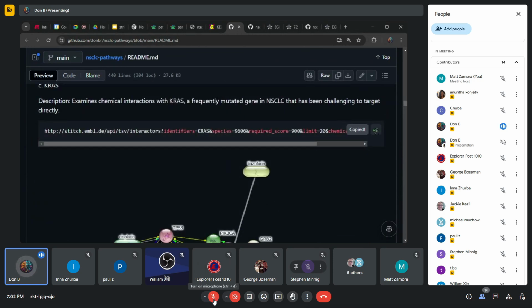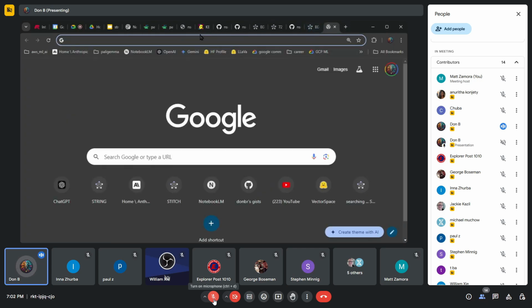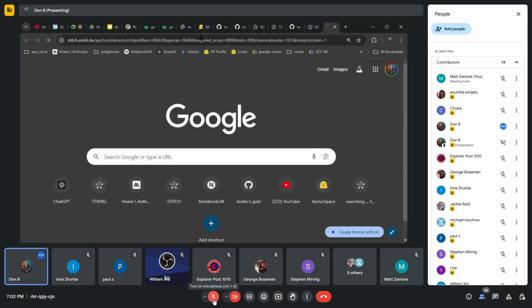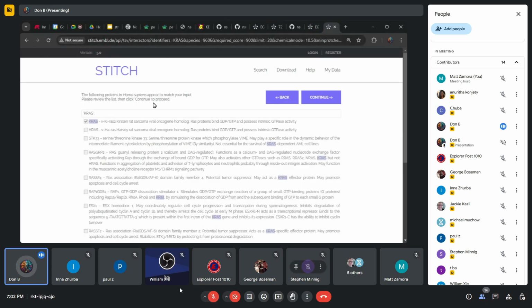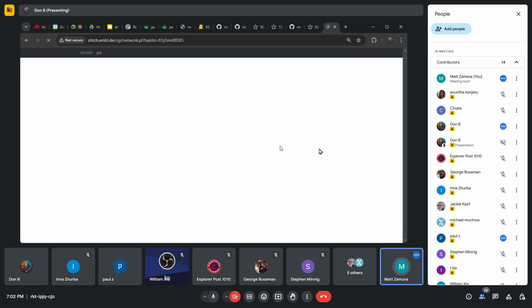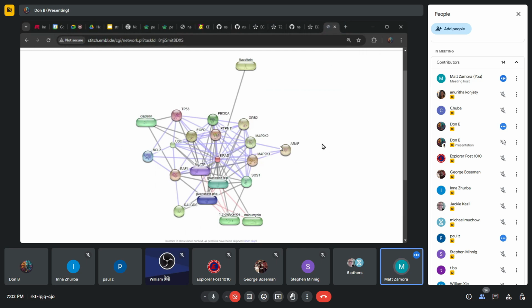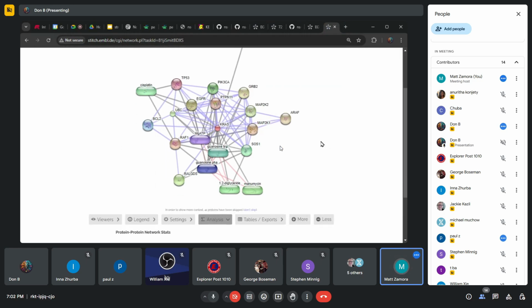Paul, Matt, what's your thought in terms of the compounds that are listed? Are they appropriate compounds? Are they vetted based on your research? Well, what we were seeing on the last slide was a network, and the connections showed the relationships. You may recall there were green connections and other colors.